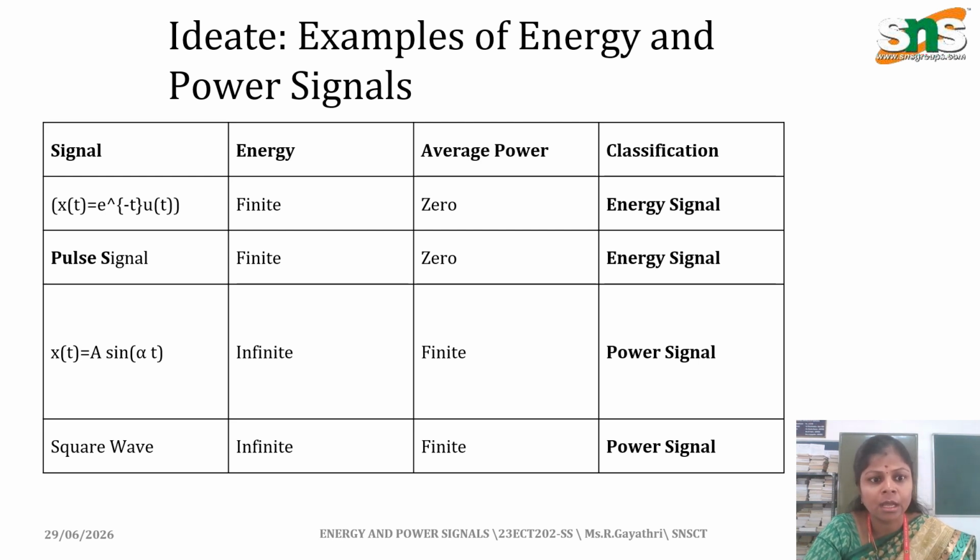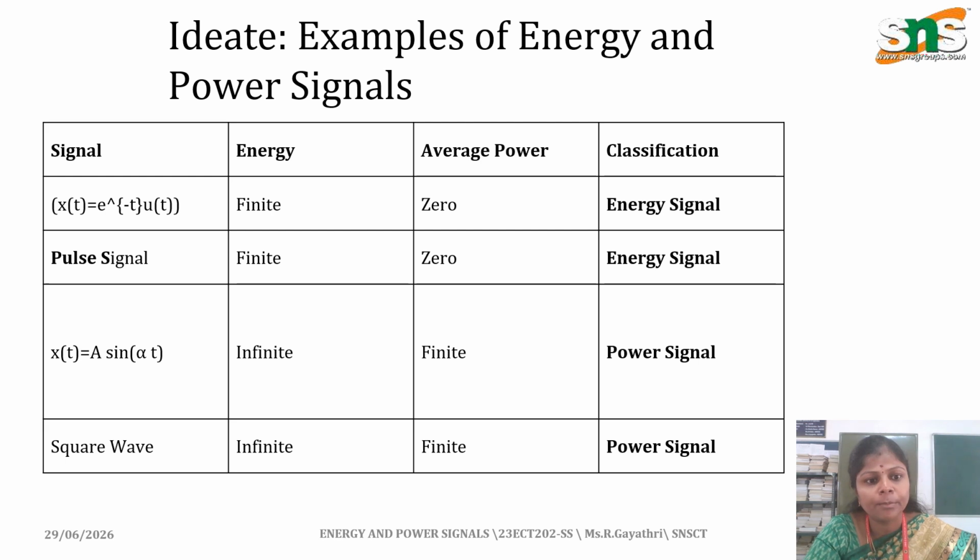When calculating the energy, x of t varies from minus T to T, but since it has u of t, it has only positive energy and no negative energy, so it varies as the integral from 0 to T of x of t whole squared into dt. When calculating this energy, we get finite energy, and average power will be 0. Therefore, the given signal is an energy signal.